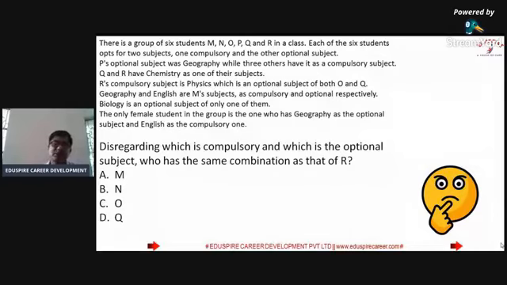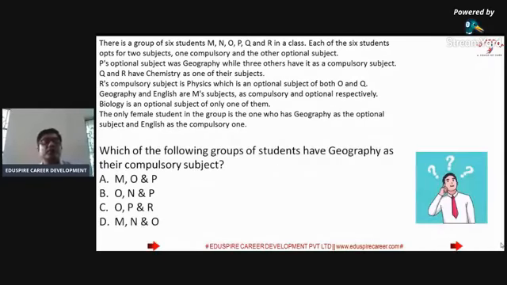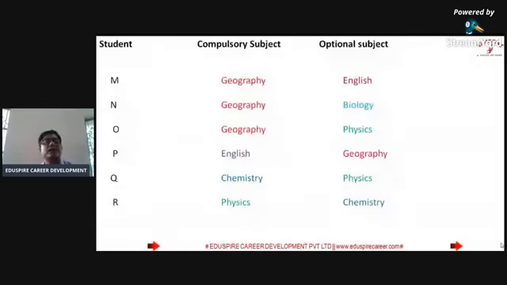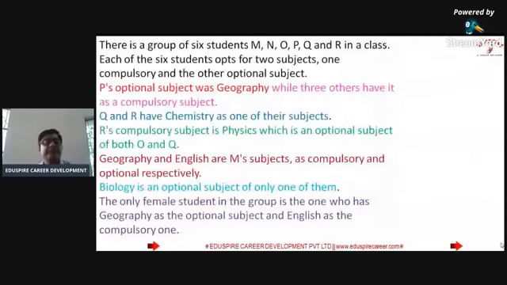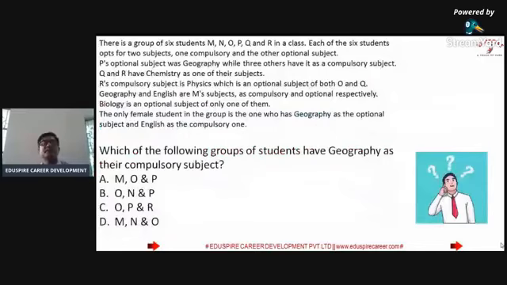Which of the following group of students have geography as their compulsory subject? We have found that geography is the compulsory subject of M, N and O. So the correct answer here will be M, N and O, that is option D. Hope you have understood this process of solving this question.